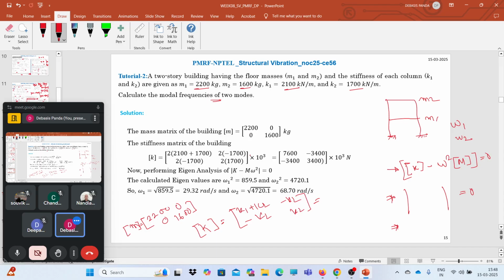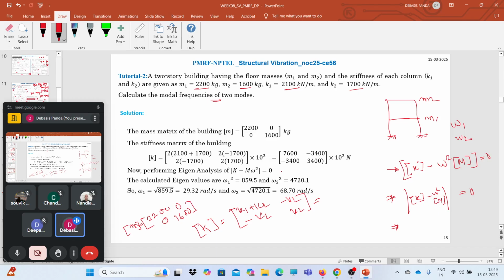Because we are solving the undamped free vibration case, we need to take the determinant of the K matrix minus omega square M matrix equal to 0, and find this equation.